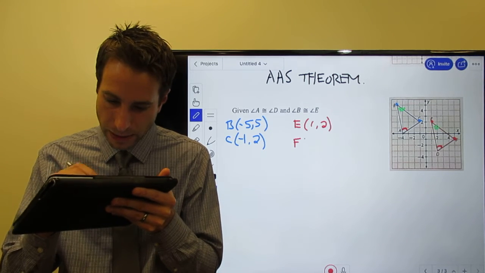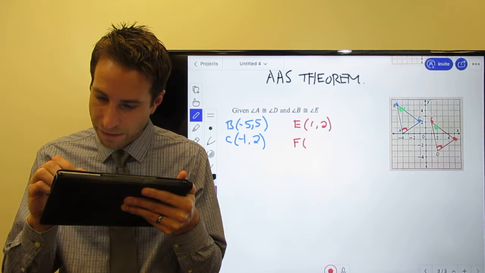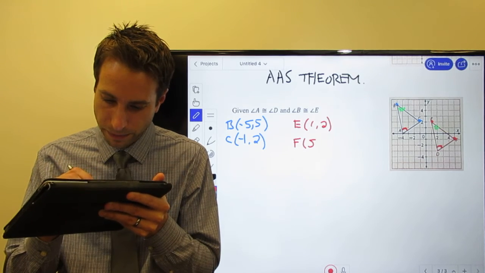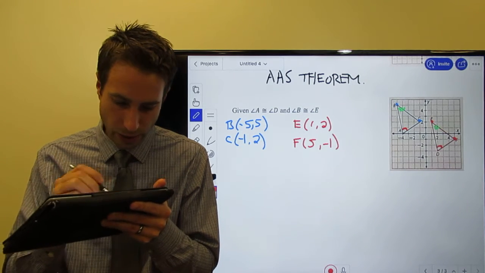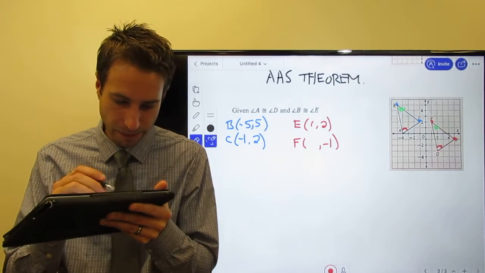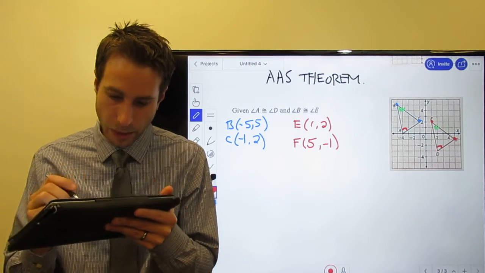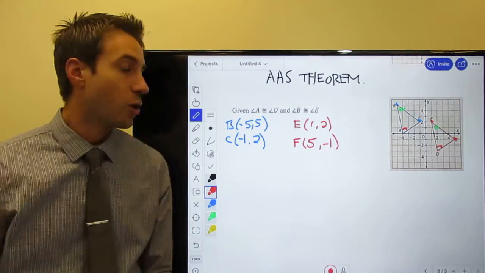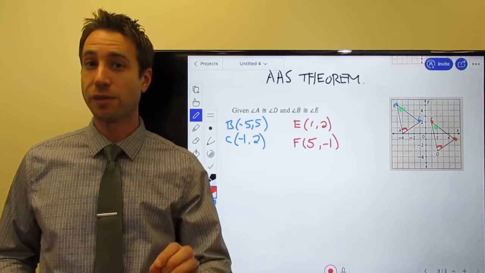F is at 5, -1. Sorry, that looks like an S. Let me fix my 5. There we go. Okay, guys, all we're going to do is set up and run the distance formula twice.